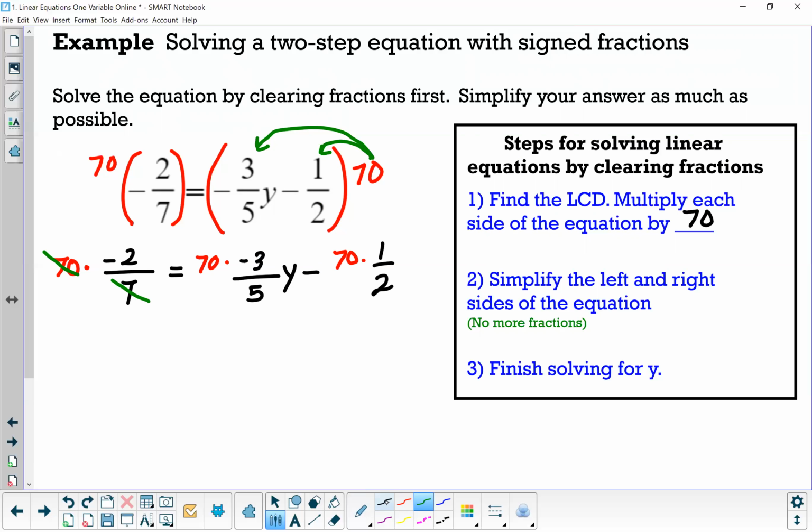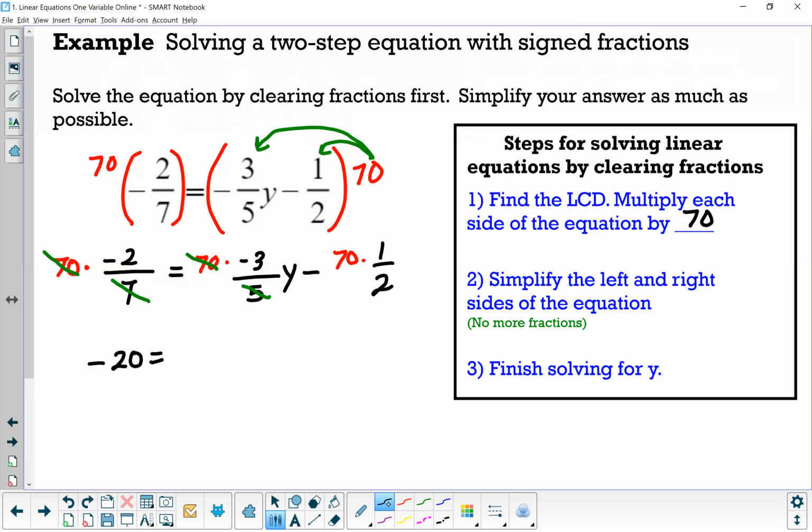Okay, so starting with the 70 times the negative 2/7, we do 70 divided by 7, and that's 10. And 10 times negative 2 is negative 20. Next, equal to 70 times the negative 3/5 y. So we have 70 divided by 5, that's 14.